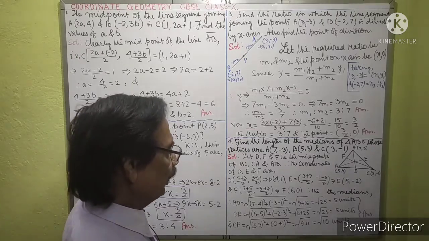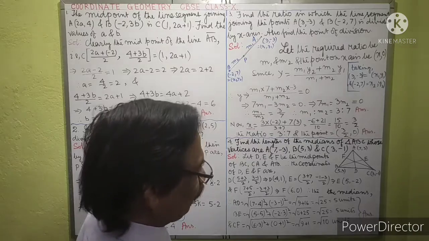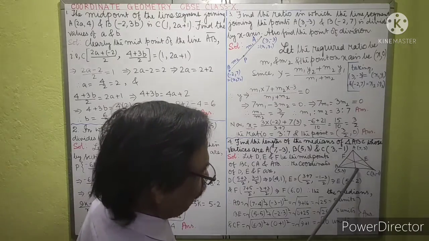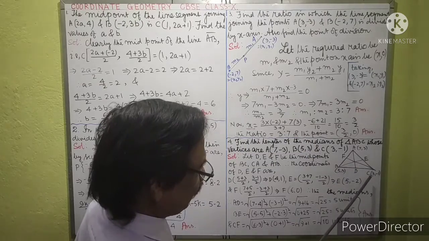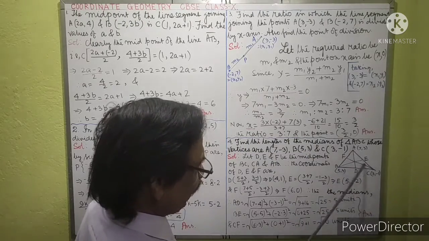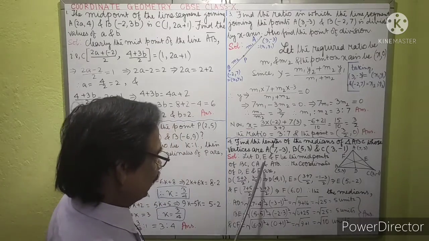We know that a median is the straight line drawn from a vertex to the midpoint of the opposite side. So D is the midpoint of BC, E is the midpoint of AC, and F is the midpoint of AB.